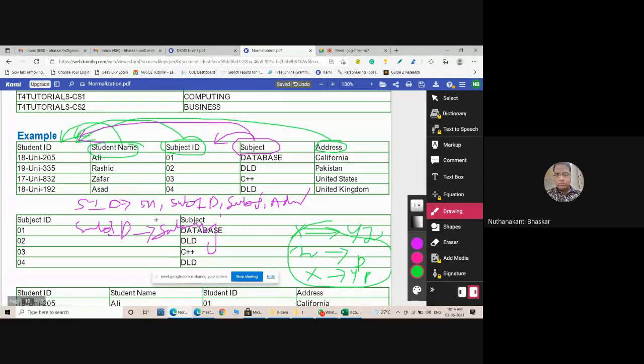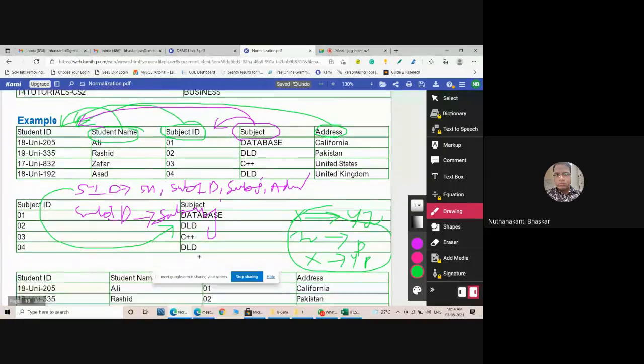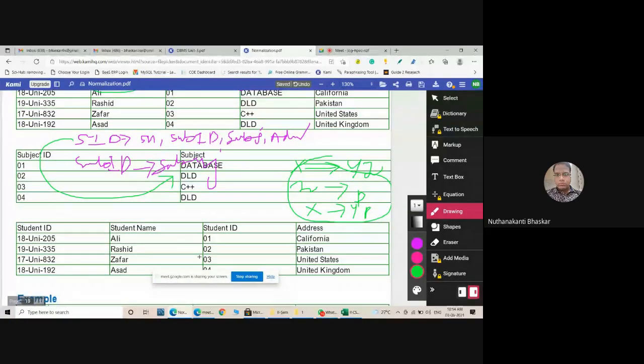Student ID determines student name, subject ID, subject address, and subject ID determines subject. So we can write student ID determines subject also. This is a pseudo transitivity, so we need to decompose the relation into two tables. Yes or no? Yes, sir.